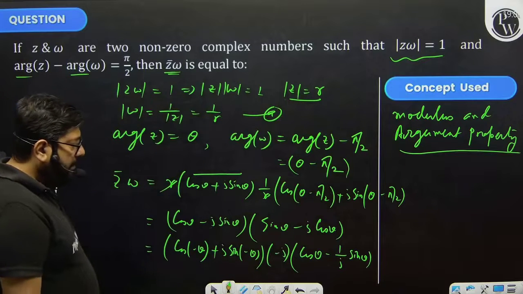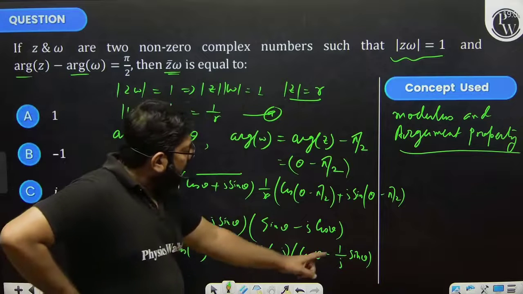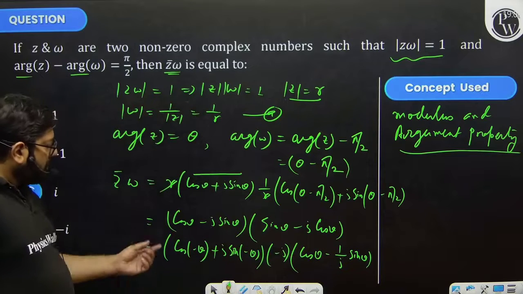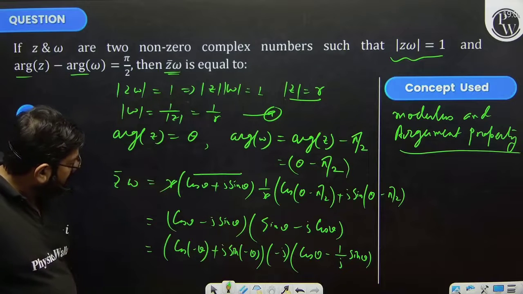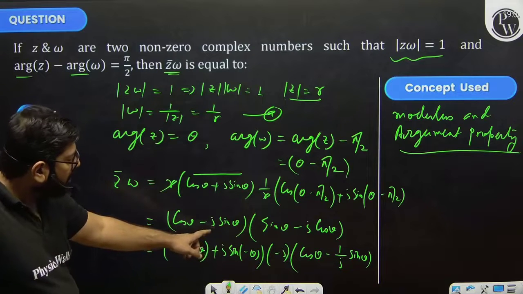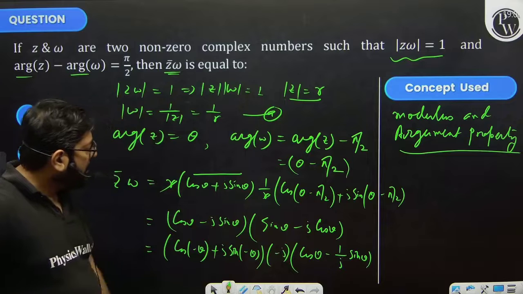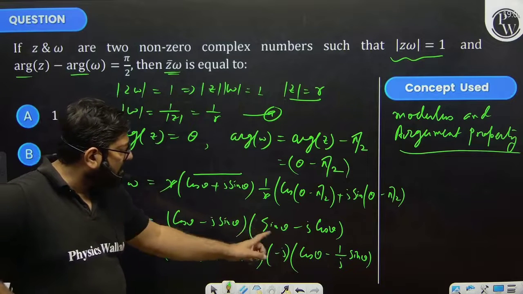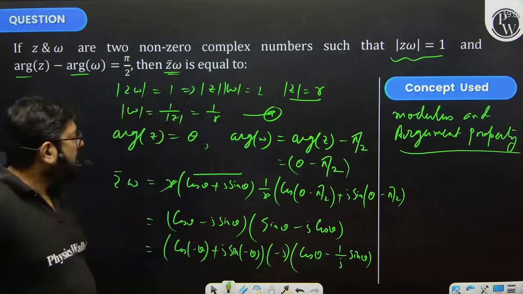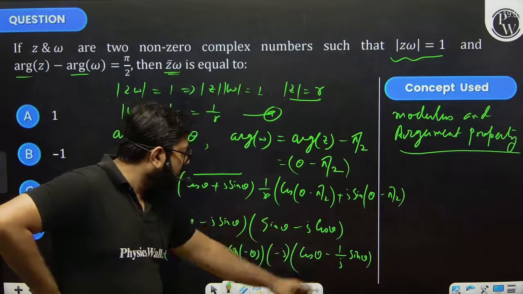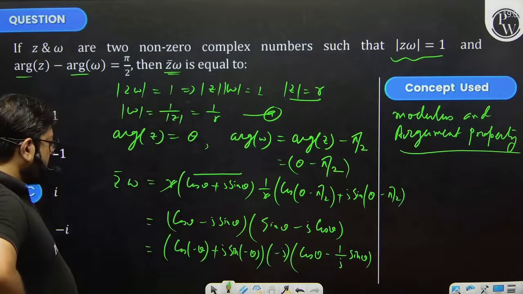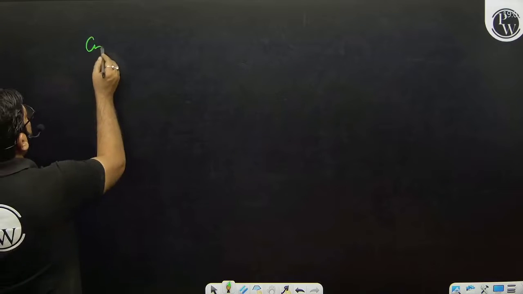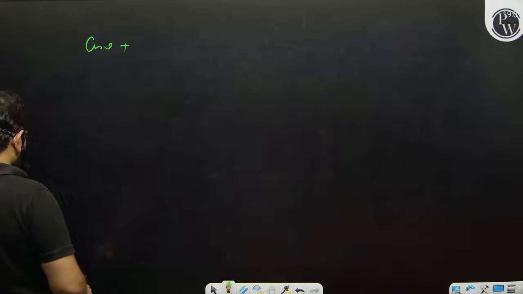No problem. And 1 upon iota can be written as minus iota. So look at this carefully: cos theta minus iota sin theta minus iota cos theta, taking minus iota common from cos theta, we get minus 1 upon iota, and minus 1 upon iota can be written as iota.